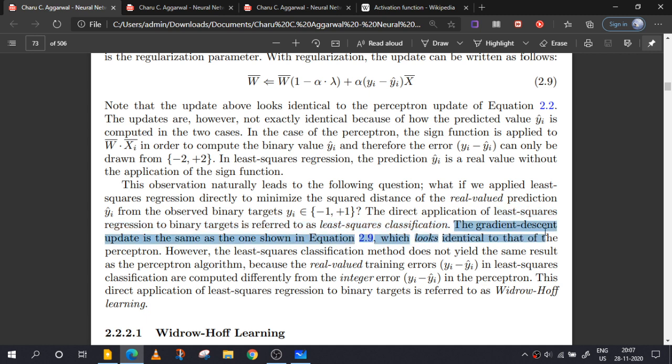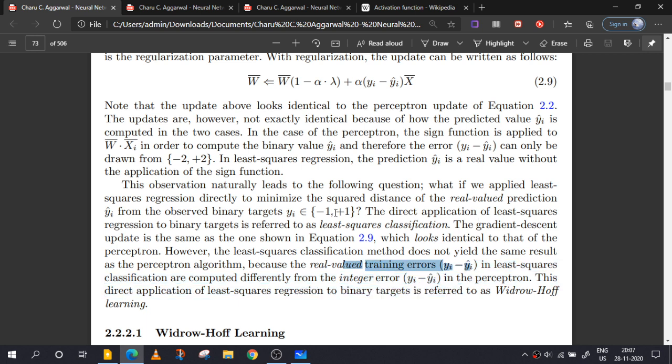The gradient descent update is the same as shown in this, which looks identical to that of a perceptron. However, the least square method does not yield the same result as the perceptron algorithm. This is important because the real value training errors are computed differently.